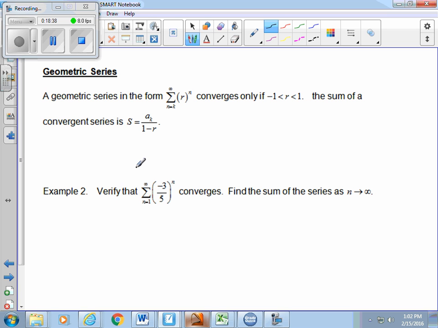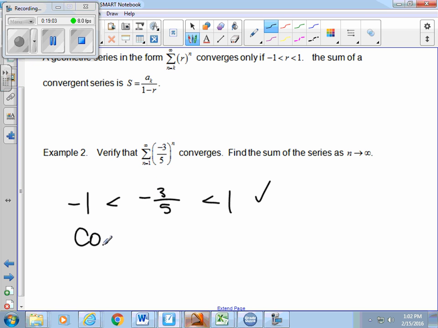So I want to verify that this converges. Well, is it geometric? Is -3/5 between -1 and 1? So it does in fact converge.